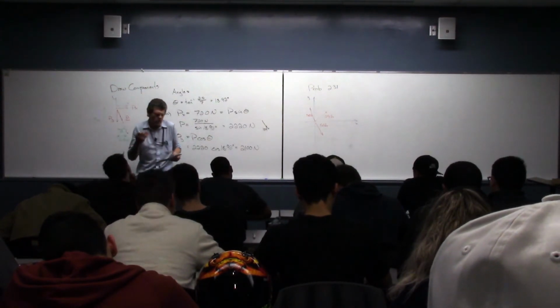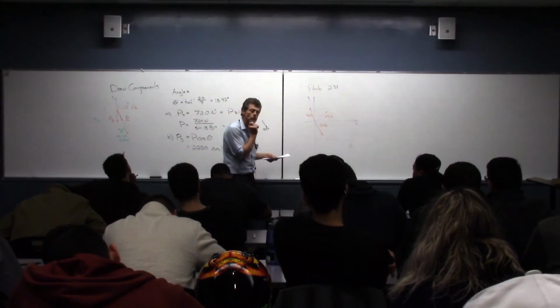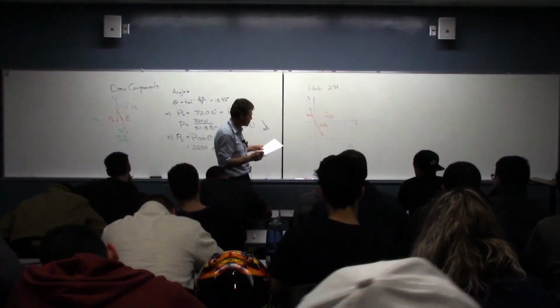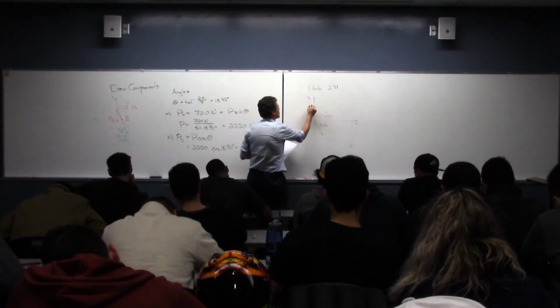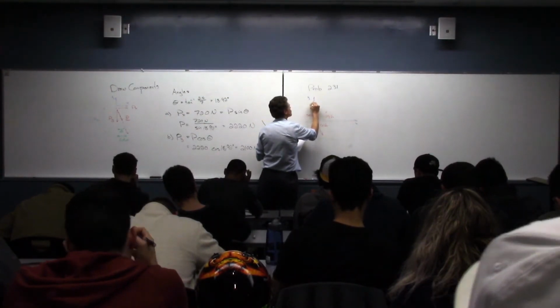Okay, so this is a situation, again, where we're going to go Cartesian. We don't want to necessarily do two applications of the trig rule and that sort of thing, force triangles. So some of the things we're going to have to do is, again, this has been given to us as a set of points.